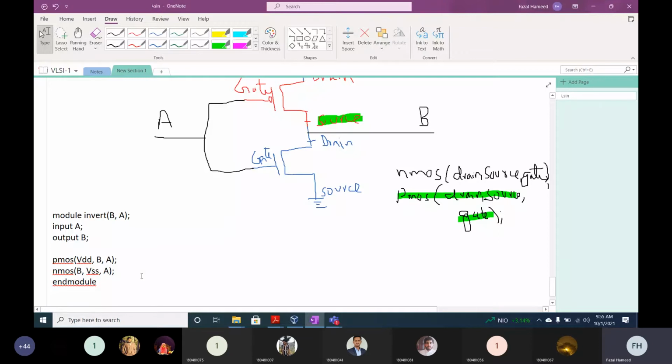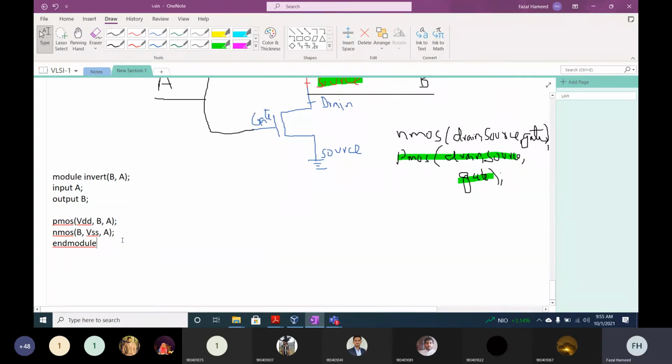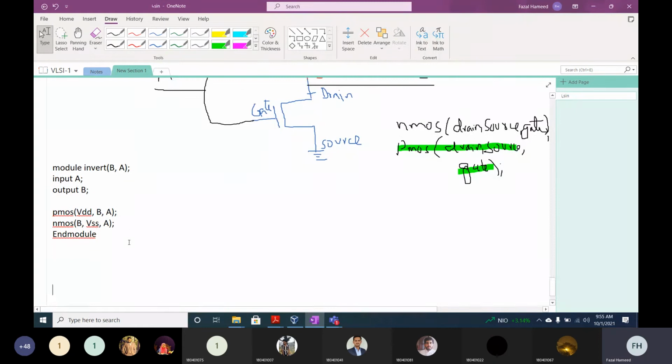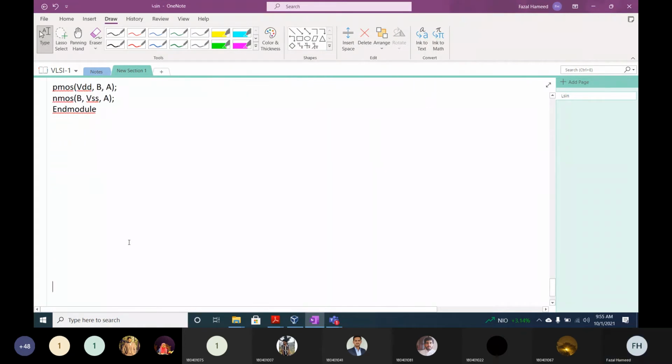Okay. So this is the schematic at the transistor level. Now we have another schematic, a transistor-level schematic of a NAND gate.